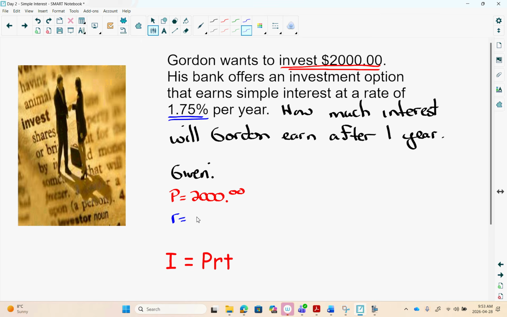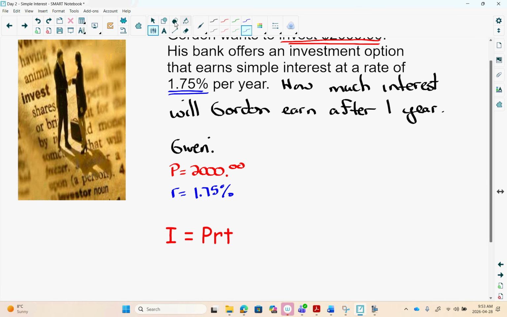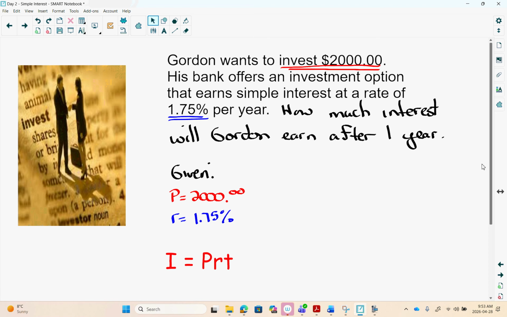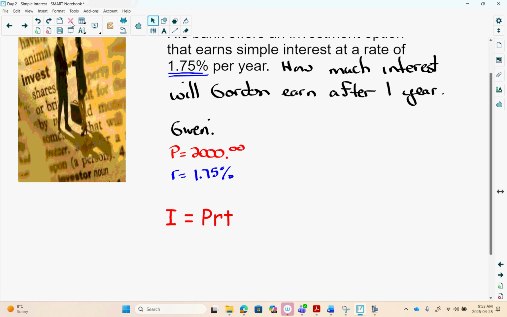Now, what do you have to do to the 1.75%? Hold on. Before I do anything to that, what did we say the rate had to be expressed as a what? Decimal. Okay? So what should I use? Not 1.75, rather 0.0175.